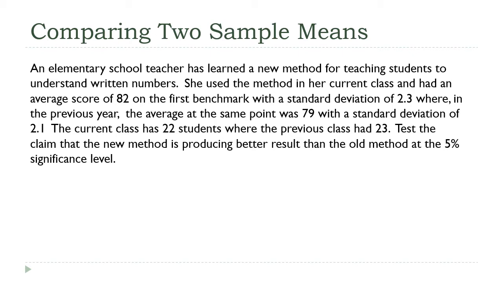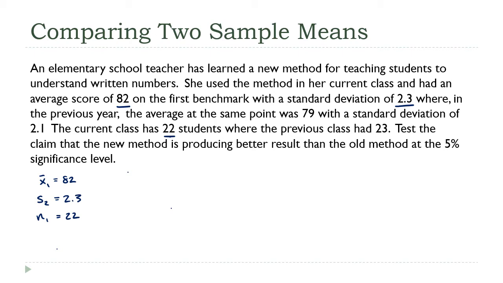So we know that the current class has an average score of 82, so x bar 1 is 82, and a standard deviation of 2.3, so s1 is 2.3, and the sample size, that's the class, let's say the current class has 22 students.